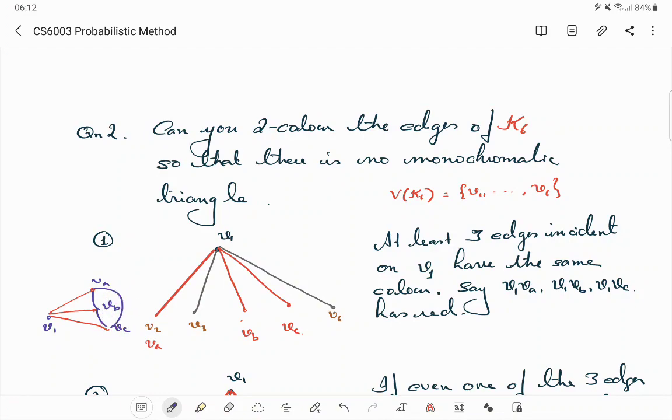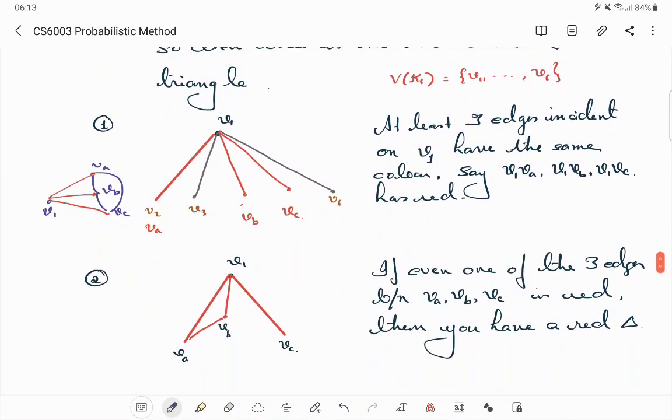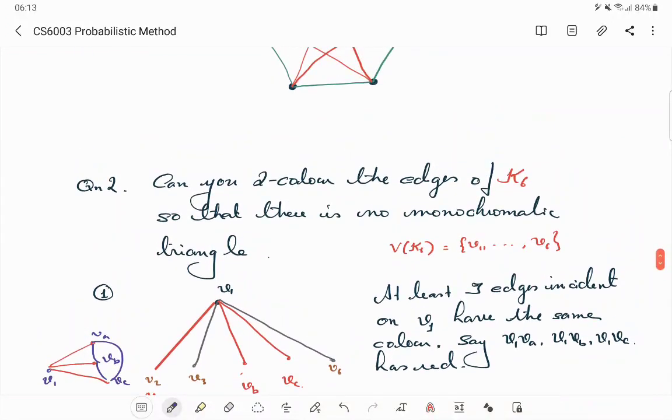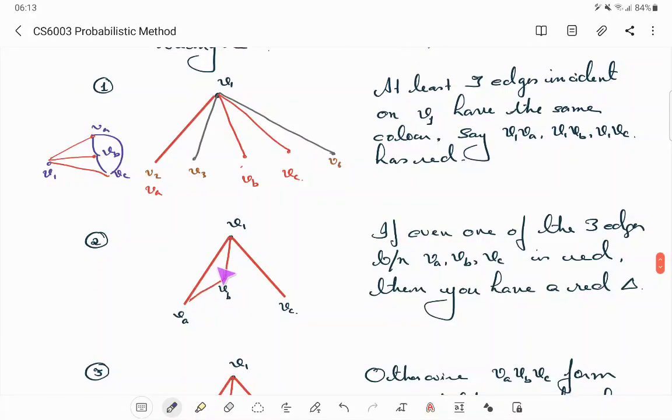We are going to argue that there is something more that can be said about the color of these 3 edges. Suppose among these 3 edges even one of them is red. Then you have a red triangle here. Remember what our aim is: to show that there is a monochromatic triangle. So once you get a red triangle, you are done.